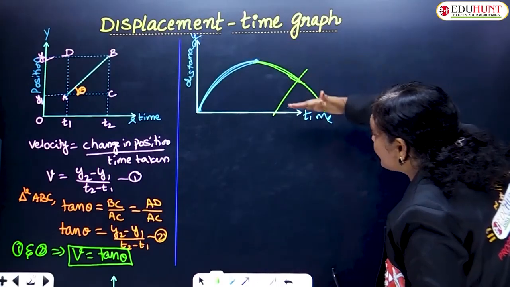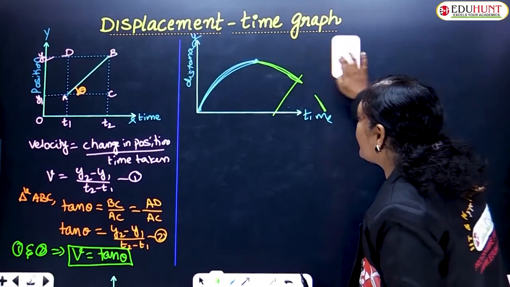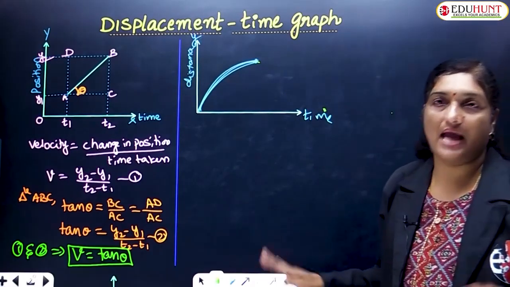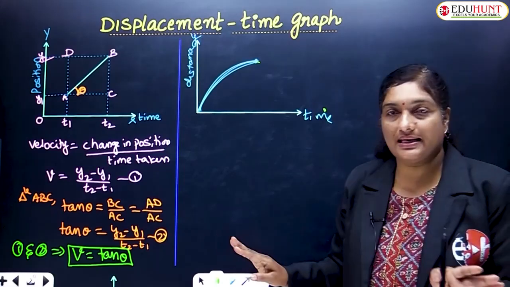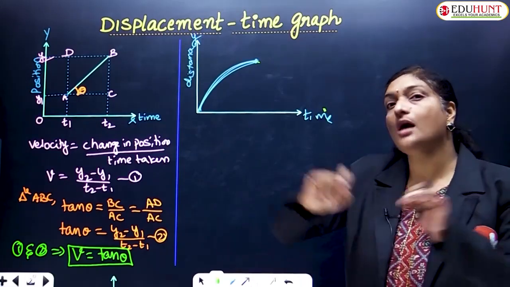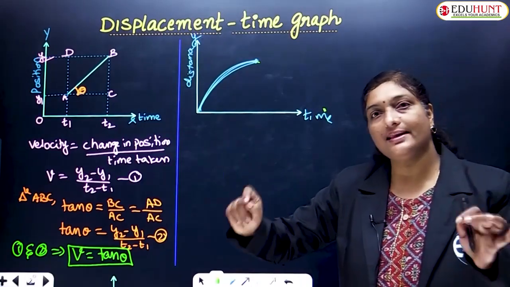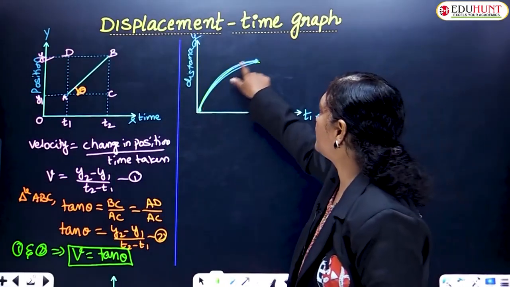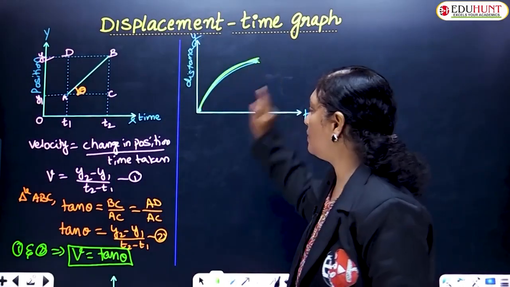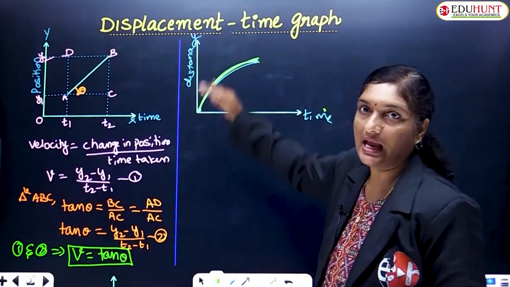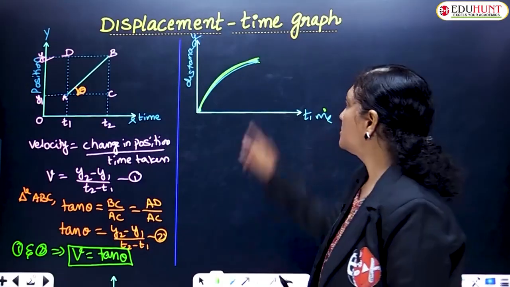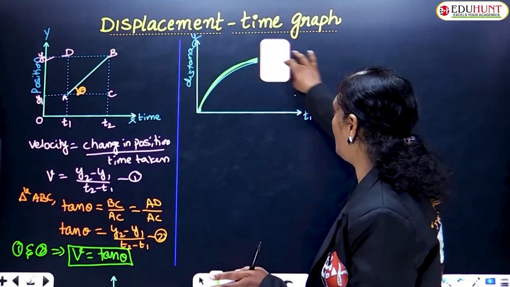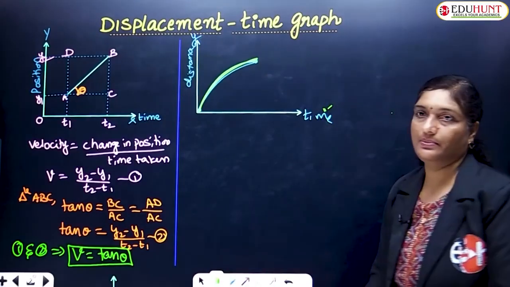But distance is always positive and will never decrease with time, because it indicates the total path length, and the path length always increases. So for the distance time graph, the graph is only a positive curve. Only upward motion will be there, and no downward motion of the curve exists. This is the only possible case.